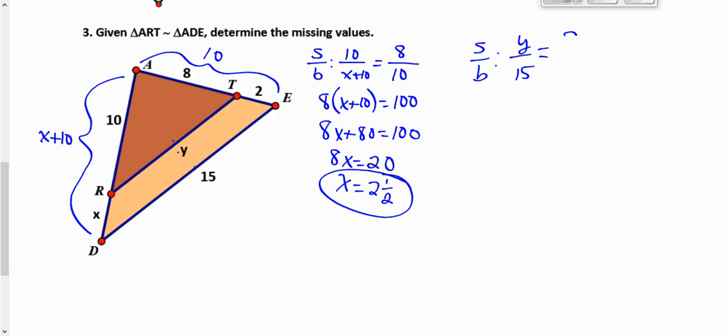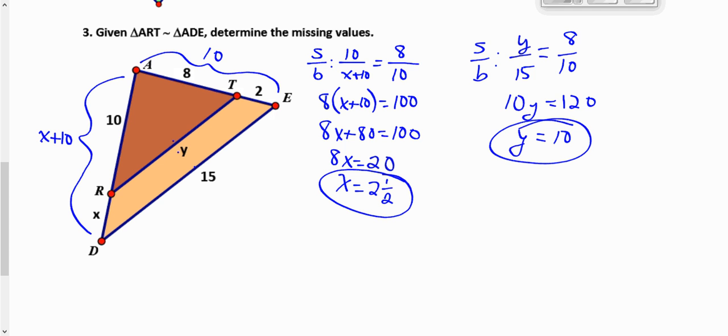So small 8 over 10, right? 10 y. 120 over 10. Okay? Let me fix that. I think it's 12. 12.